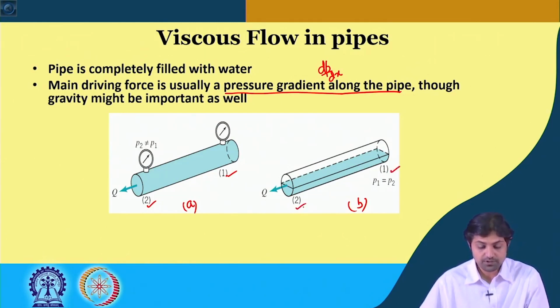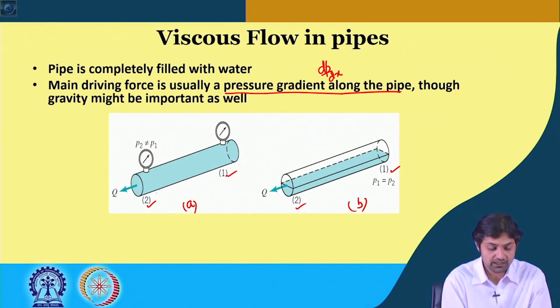If there is flow occurring in both, and you put pressure transducers or something that can measure pressure here and here, it will show that P2 is not equal to P1. That means there is a pressure gradient along this length.